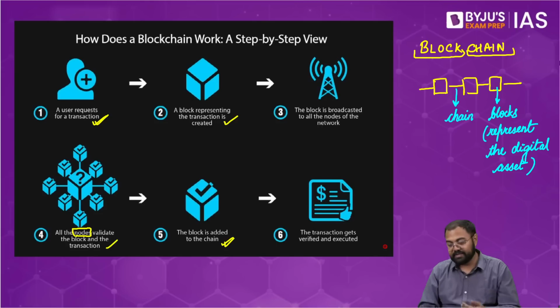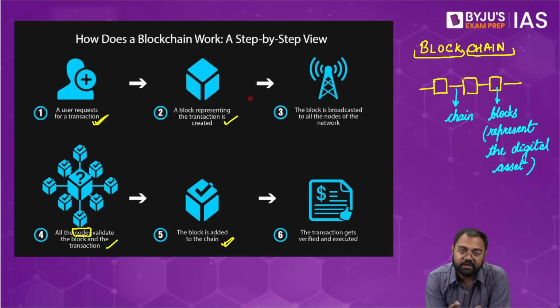Something similar happens here: the block that has been added once cannot be removed or modified. And even if you try to modify it, the entire system would know about that modification. If somebody tries to modify the system, everyone will know, because each and every modification is also time stamped. When the modification was done, when the block was added, all these things are time stamped. So if somebody tries it, it will be quickly caught and it can be shut down quickly.